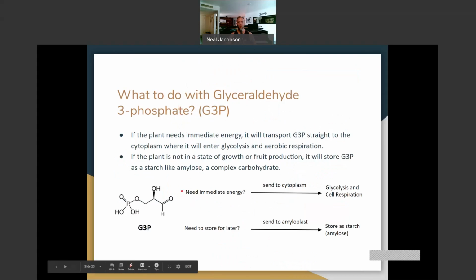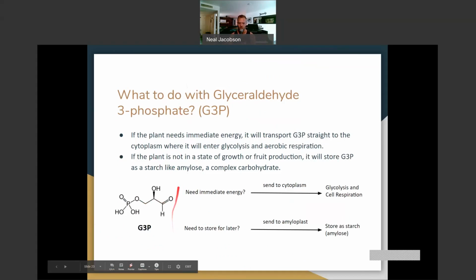So what do we do with glyceraldehyde 3-phosphate? The plant is going to ask two questions. The plant's going to ask, do I need immediate energy? Do I need to get more ATP to do some sort of building in the cell? If that's the case, G3P is a byproduct of glycolysis. It's one of the intermediate steps. So the plant can just transport G3P straight out into the cytoplasm.